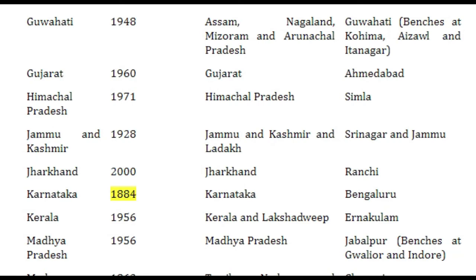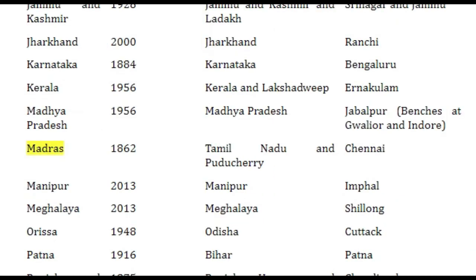Karnataka, 1884, Karnataka, Bangalore. Kerala, 1956, Kerala and Lakshadweep, Ernakulam. Madhya Pradesh, 1956, Madhya Pradesh, Jabalpur, benches at Gwalior and Indore. Madras, 1862, Tamil Nadu and Puducherry, Chennai.